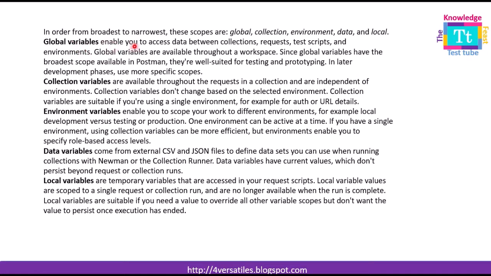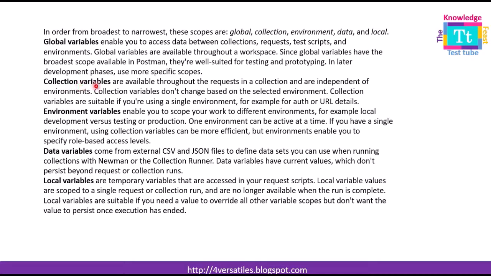Global variables have the highest scope, in the sense that they can be used across all the collections available. Collection variables are one step below global variables in terms of scope.